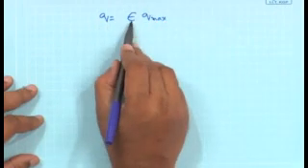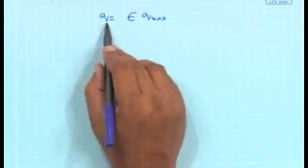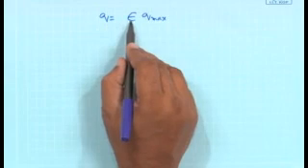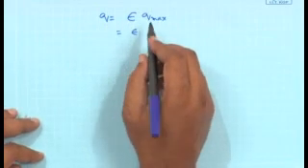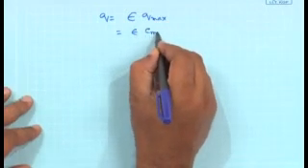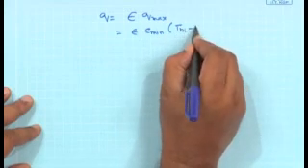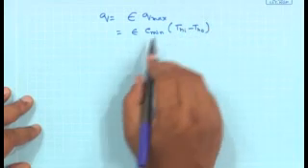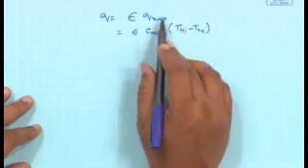So this is the definition of the effectiveness, epsilon, where Q, the actual heat transferred, is epsilon times the maximum heat which is transferred. So what is the maximum heat that is transferred? It is equal to C minimum times THI minus TCI.